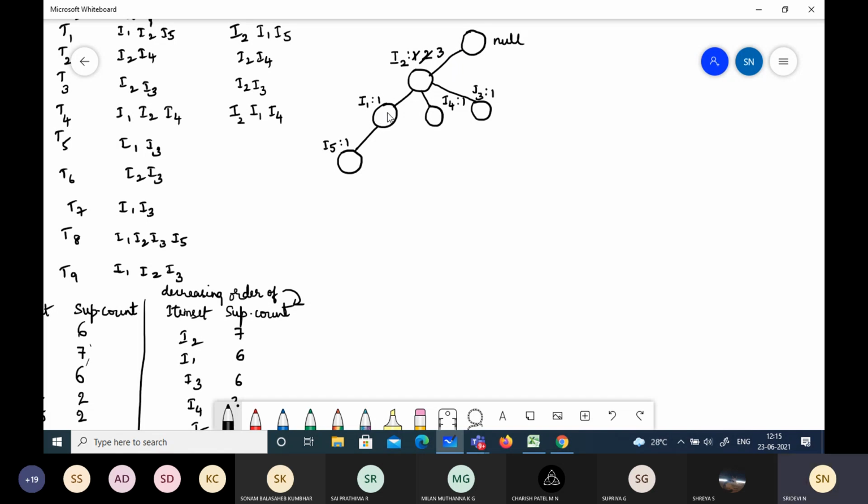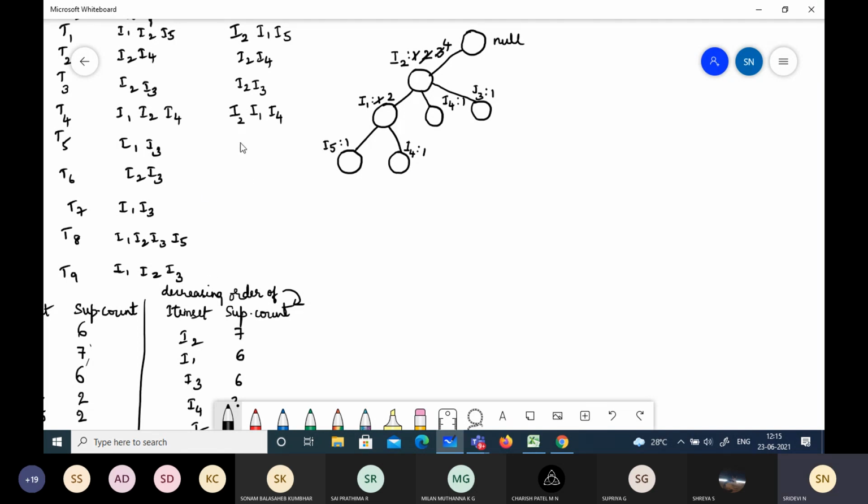I4, no. So I'll write down I4 here. I2 count I'm incrementing by 1, I1 count by 1 more, and then I4 for the first time in this pattern. I2, I4 is already there, but I2, I1, I4 is the first time. Okay. Now, likewise, we arrange everything.